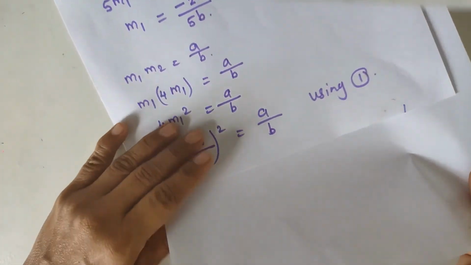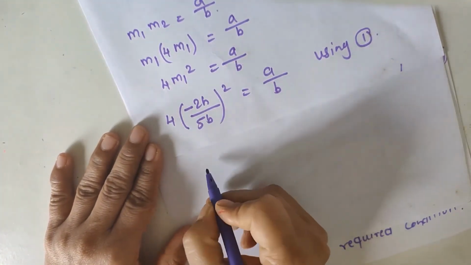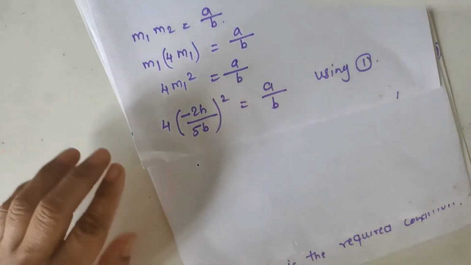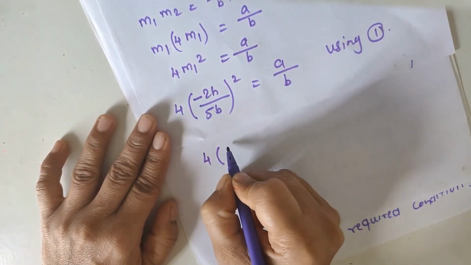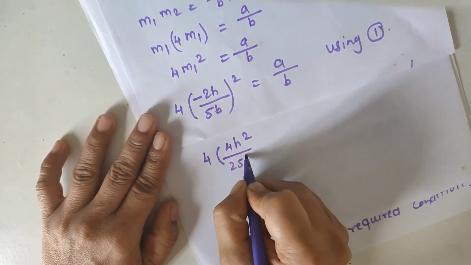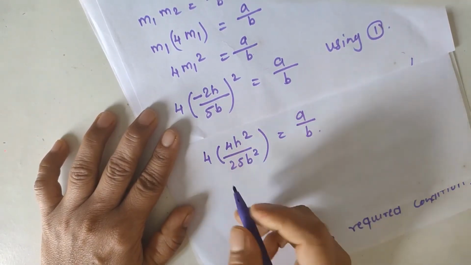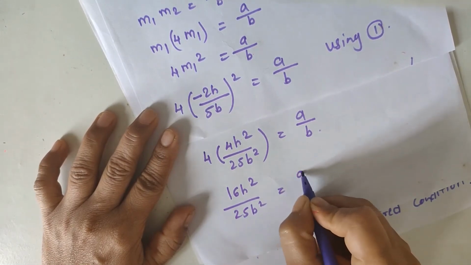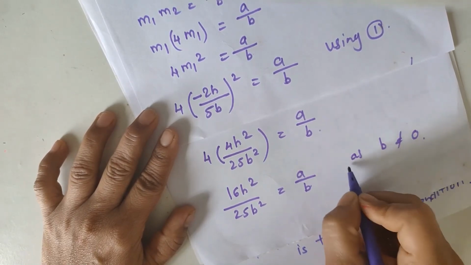Now simplifying this equation, we get 4 into (minus 2h) square, that is 4h square, and (5b) square is 25b square, is equal to a upon b. 4 into 4, 16h square upon 25b square is equal to a upon b, as b is not equal to 0.